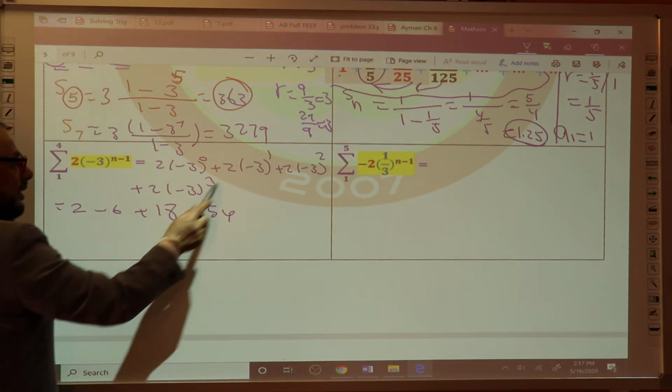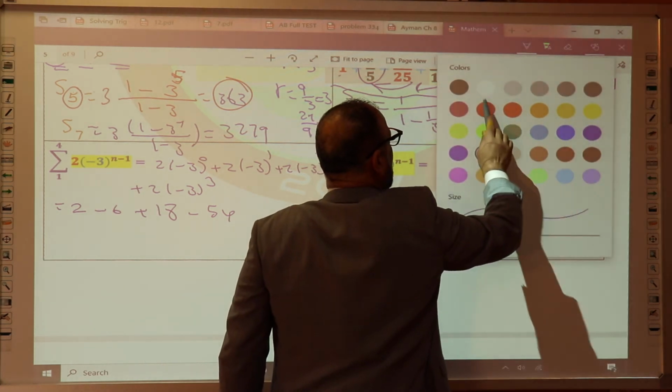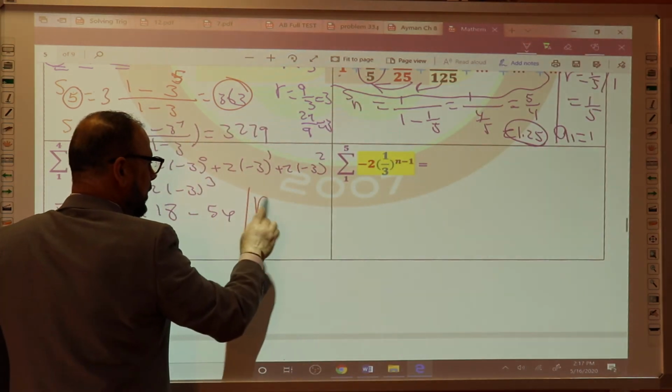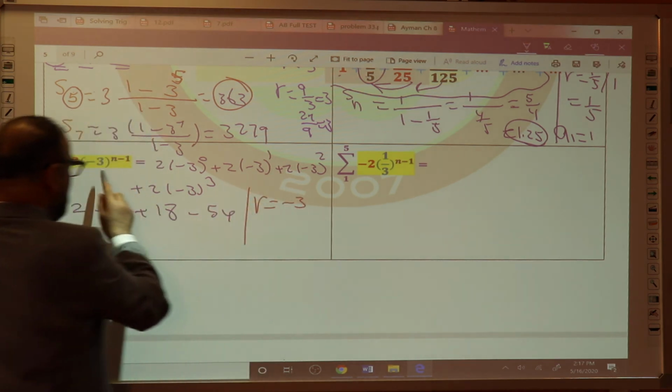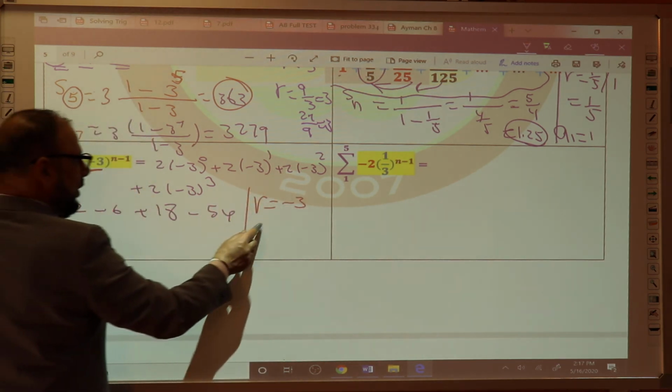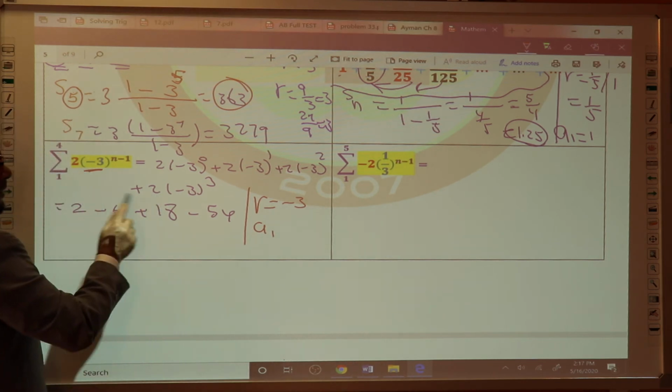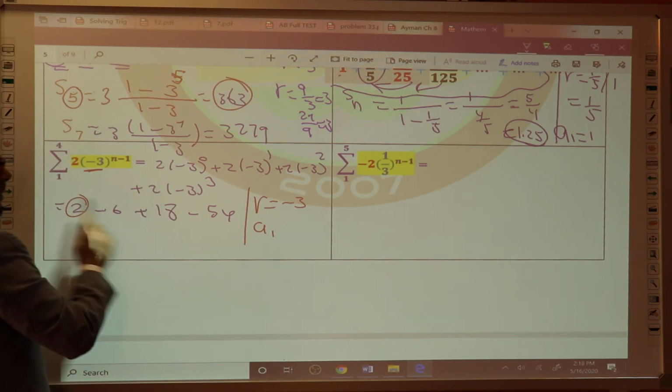Now notice here, the ratio is negative. R is equal to negative 3, which is clearly here. And A1, what is A1? A1 is 2.